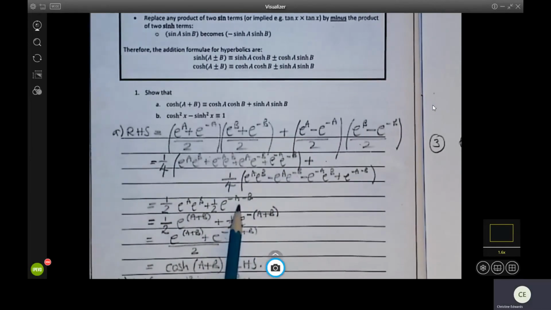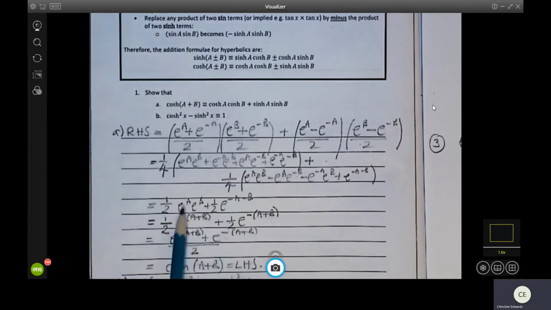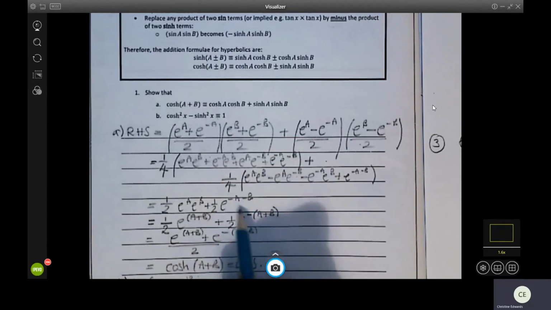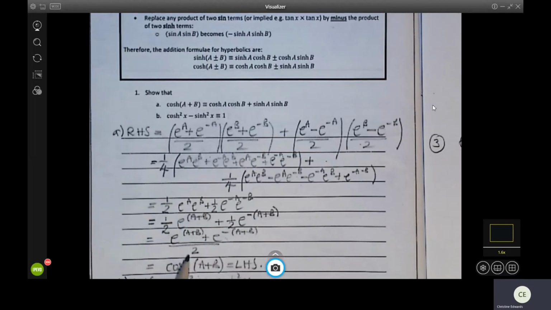We then collect the like terms and use our laws of indices to combine e to the a, e to the b, to e to the a plus b, and likewise we have e to the minus a and e to the minus b. Combining those, we are able to have the one term. We can then write that over 2 and recognise that that is hyperbolic cos of a plus b, which is our left-hand side of the identity.